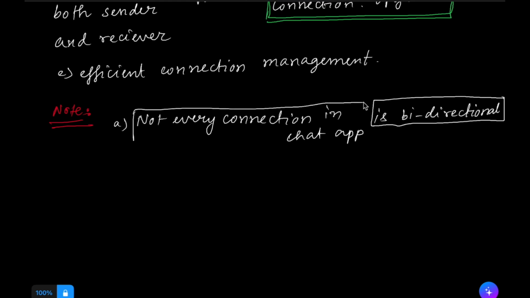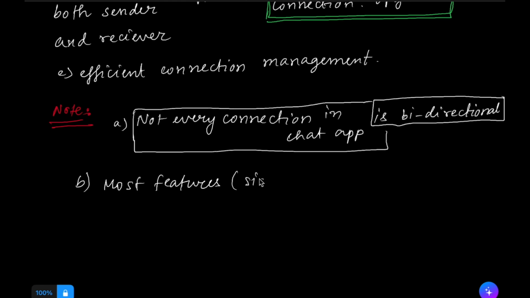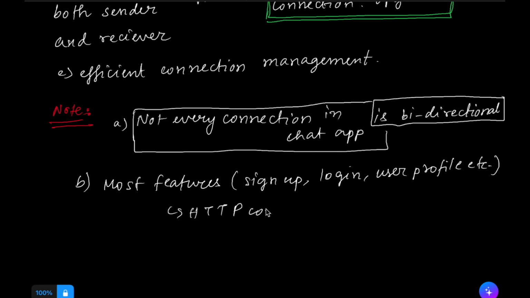So which are not bidirectional? Most features, like sign up or login, user settings, user profile settings, etc. This can be done using the basic HTTP connection which we had earlier seen.